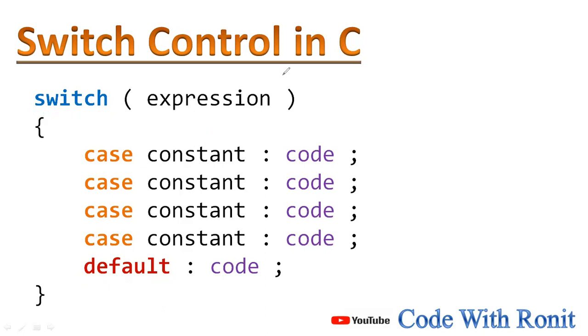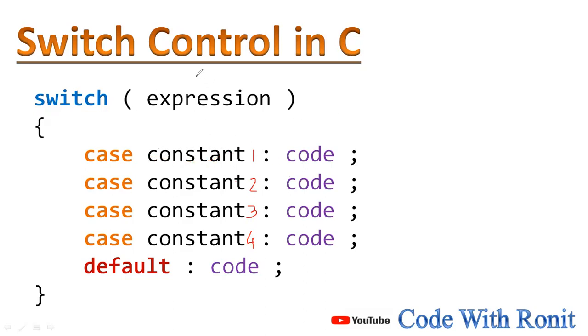Now, how is switch case executed? Suppose here it is 1, here it is 2, here it is 3, and here it is 4. This must be in place of this.